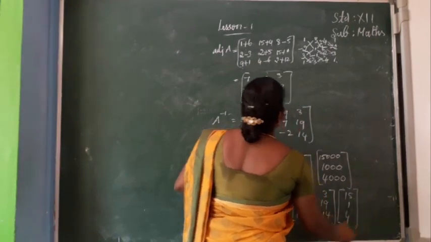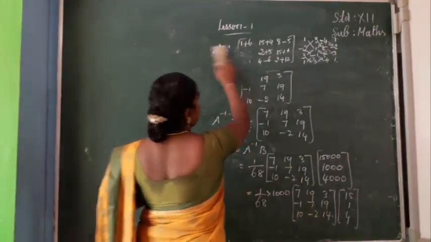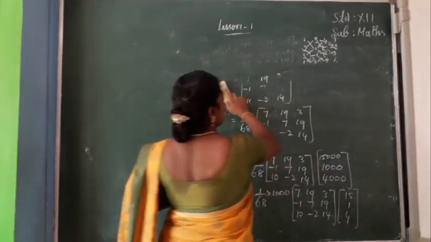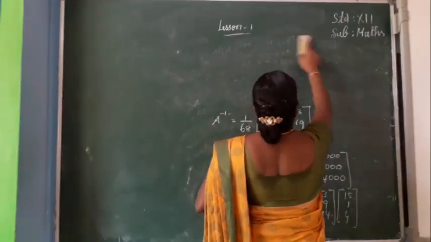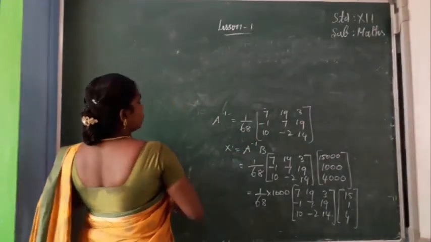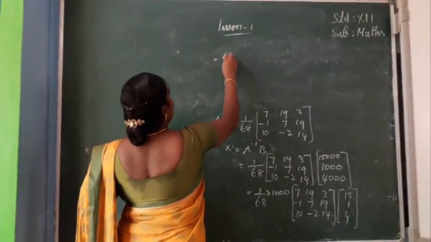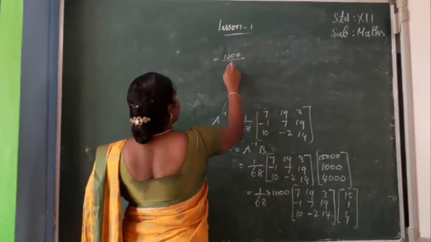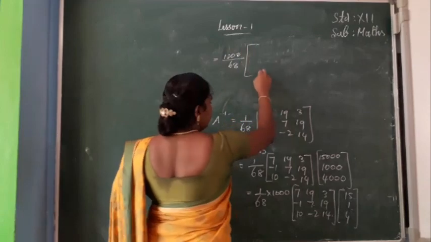After reducing that, multiply, otherwise how many times you would have to put 3 zeros. Now you multiply, outside 1,000 by 68, last step we can simplify, 1,000 by 68 into first row first column 7 into 15.